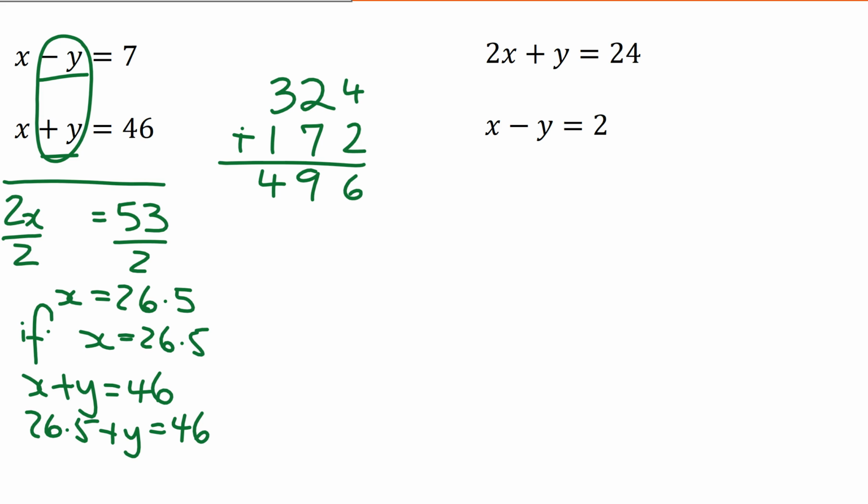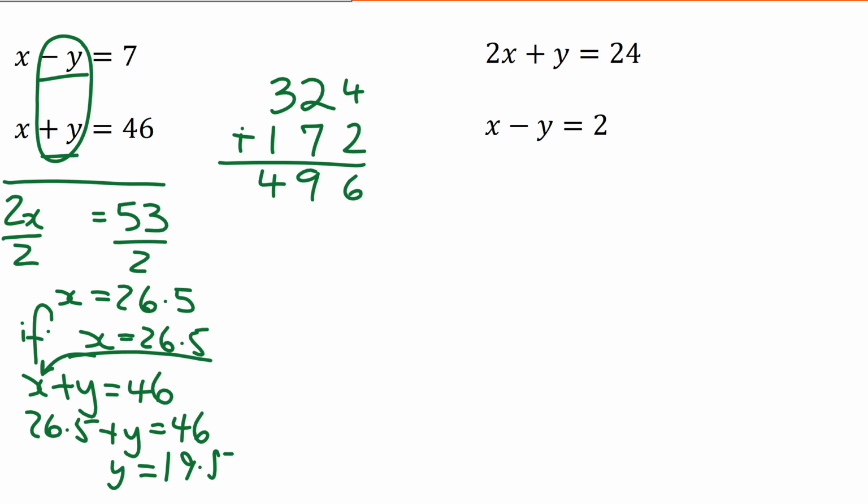What have I done to get from one step to the next step? Substitution. Yeah, substituted this into x just here. So y, your calculator will tell you, should be 19.5. Okay, because it's actually not 26, it's 26 and a half. And there are my two answers. Okay, we happy with that?